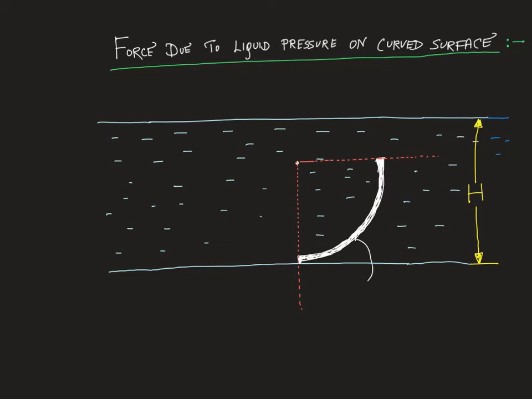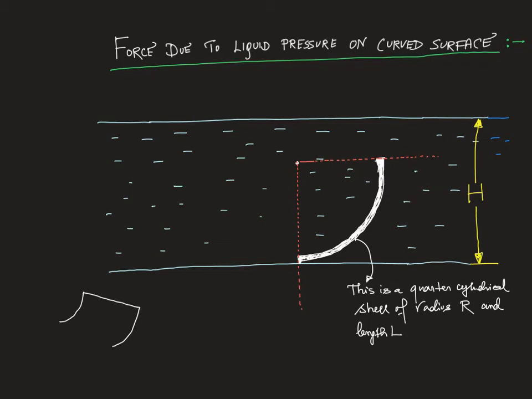So this is a quarter cylindrical shell of radius r and say length L. That means in the 3D diagram it will be of this sort. This type of a quarter cylindrical shell, right?